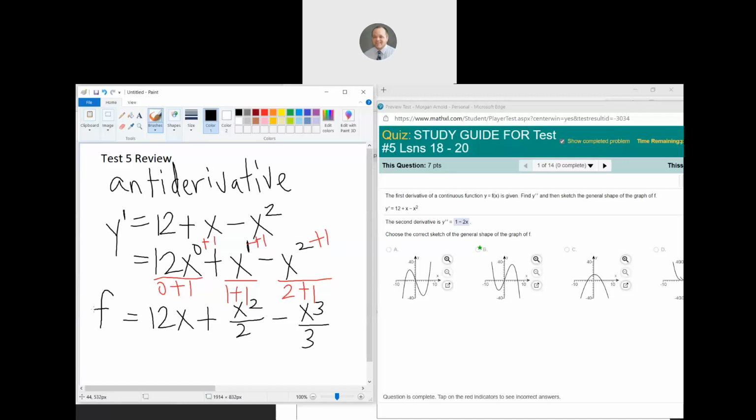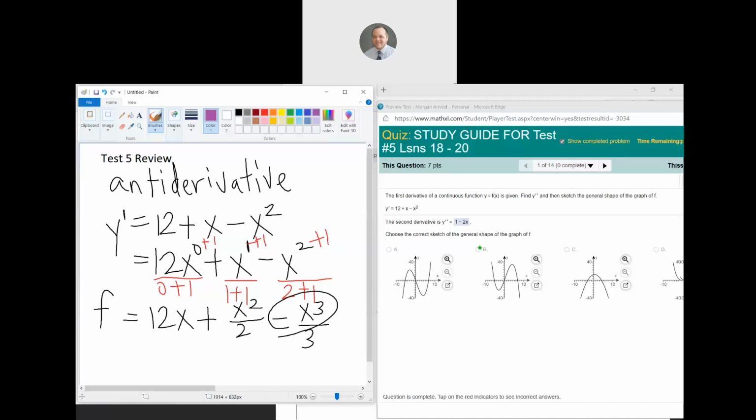Look at the highest exponent, and that tells you the behavior of the original function. We know x cubed looks like a roller coaster, and the negative part means that it's going in reverse or inverted order.